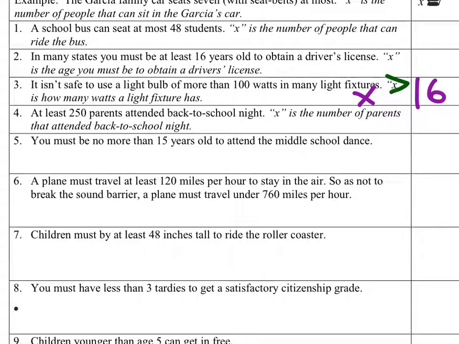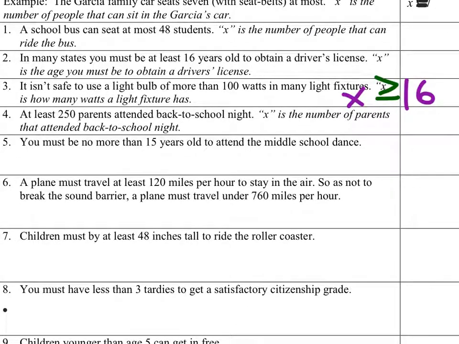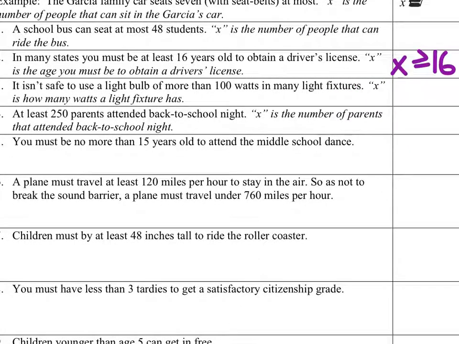Yeah, because it says at least 16, so if you were exactly 16, that also would be a true statement. If you are 15, then it becomes a false statement. Your age is not greater than or equal to 16. So that's the answer for that one, because all we wanted was this inequality right here. I put it on the wrong line. Let me change. All right, this next one.